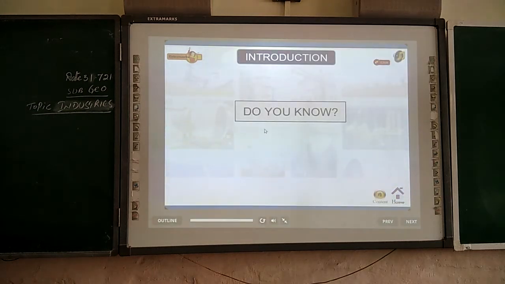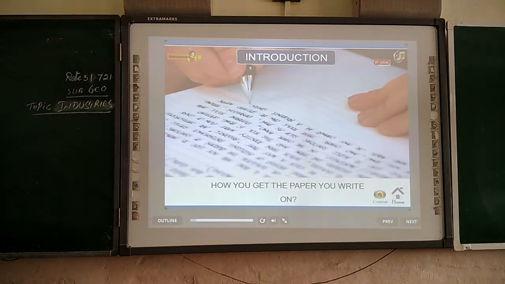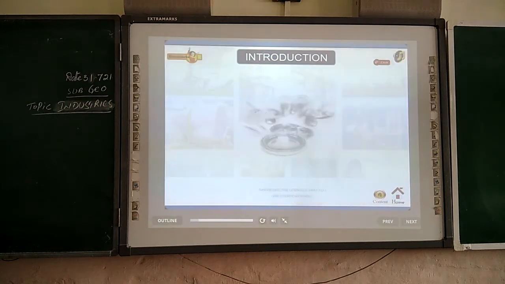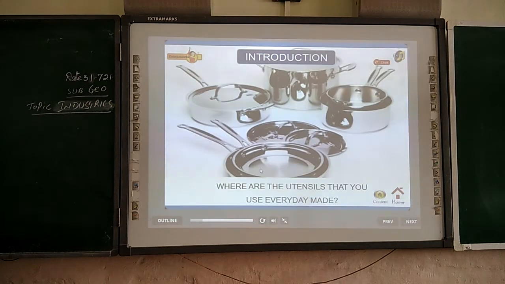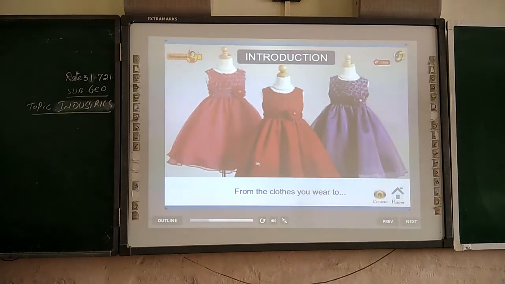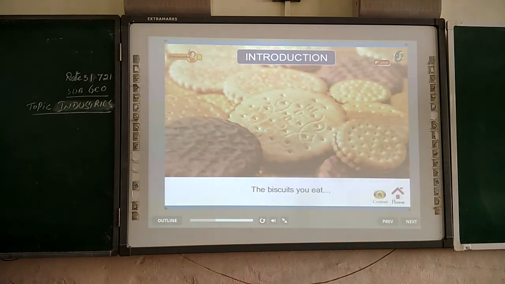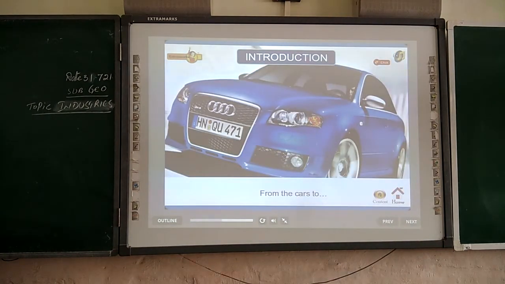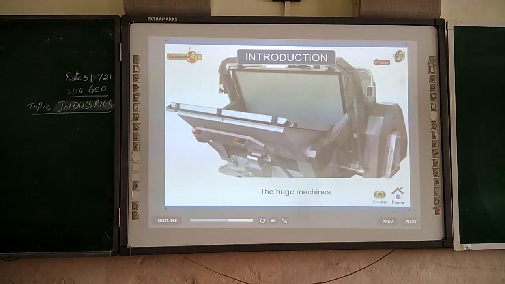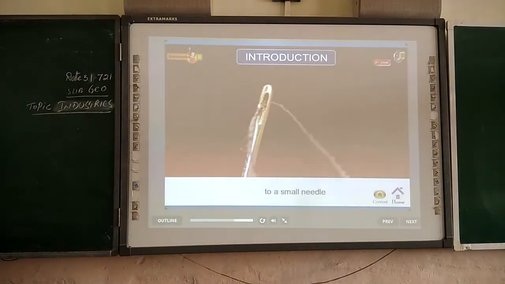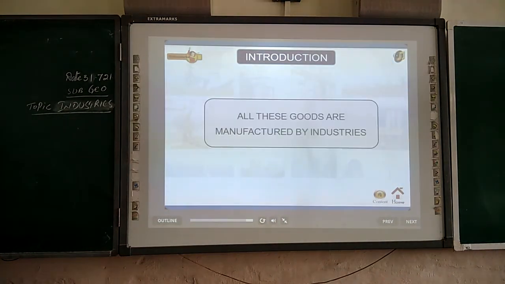Do you know how you get the paper you write on? Where do the utensils that you use every day come from? From the clothes you wear, to the biscuit you eat, and from the cars and big machines to the small needle, all are manufactured by the industries.